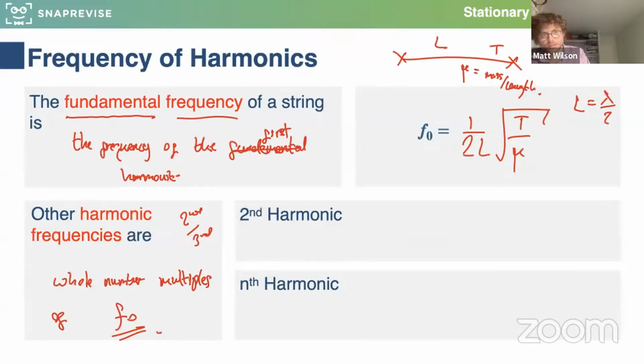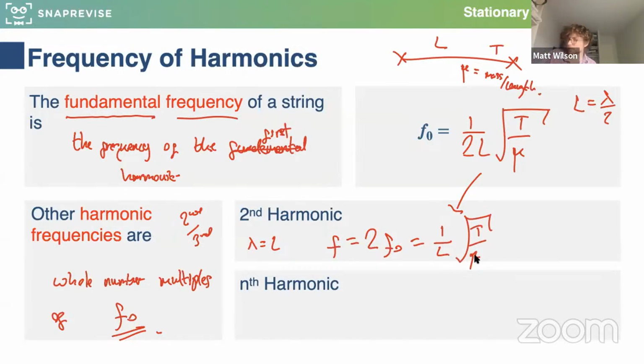Okay, so going back to the second harmonic, let's talk about the frequency. Remember, this is the case where lambda equals L. Now, for the second harmonic, it turns out that the frequency is simply double the fundamental frequency. Since we have a formula for the fundamental frequency, we can say that the frequency is 1 over L square root of T over mu.